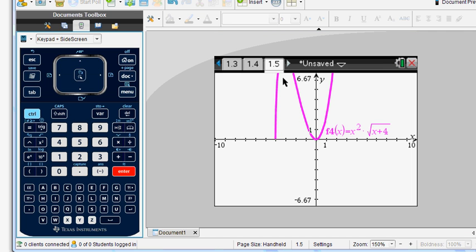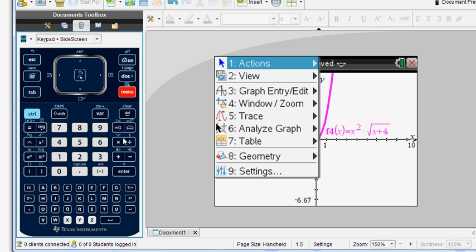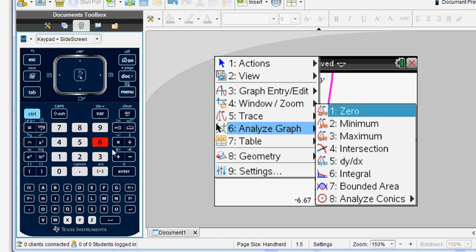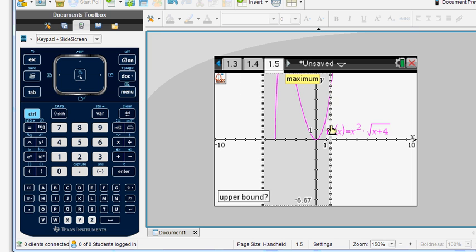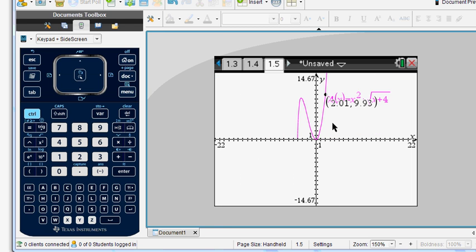We're going to find that maximum here, and to do that, we'll go to Menu, Analyze Graph, and we're looking for local maximum, lower bound, and upper bound right there. And the aspect is changed. So our maximum is 9.93 at an x value of 2.01.